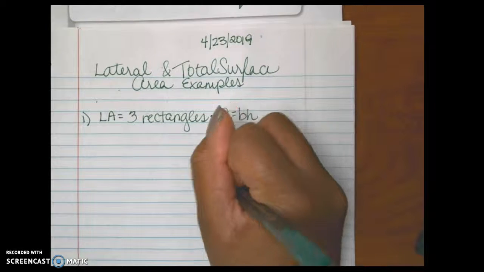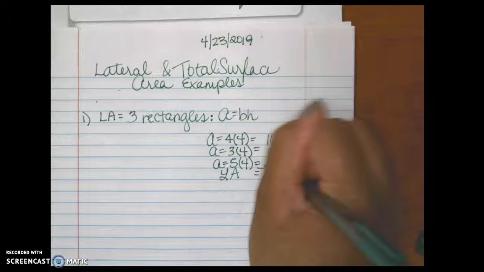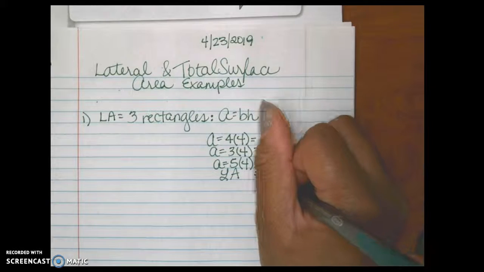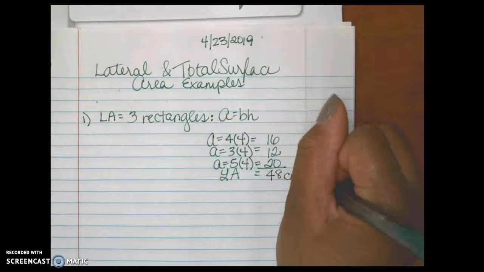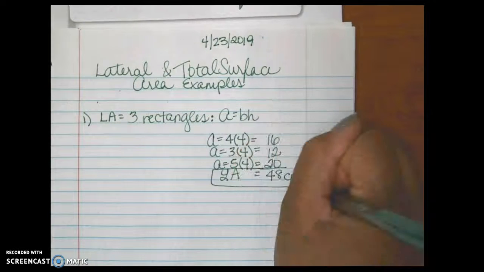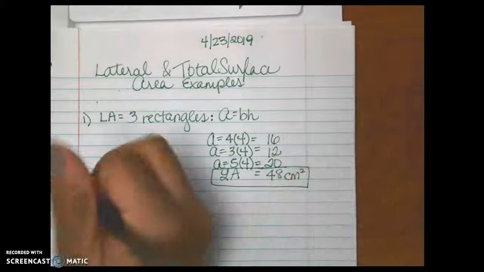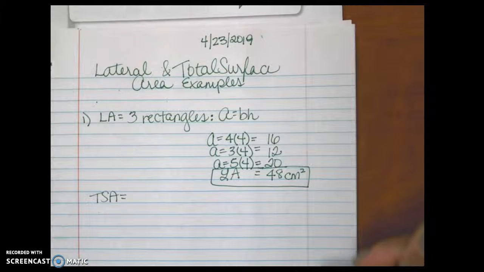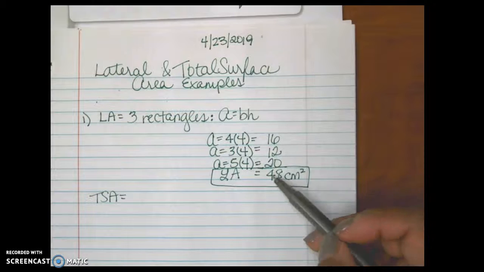My lateral area is all of these combined. 48 cubic centimeters. I'm sorry, square centimeters. Now for total surface area. Is it always going to be square centimeters? Yes, because it's area. It'll be cubic when it's volume. I made that little mistake there.